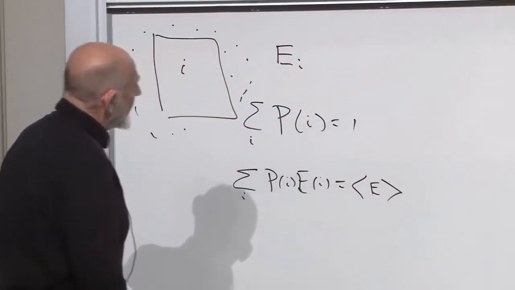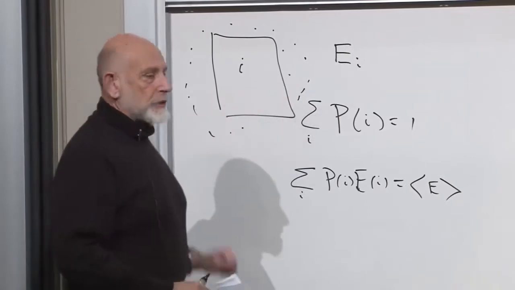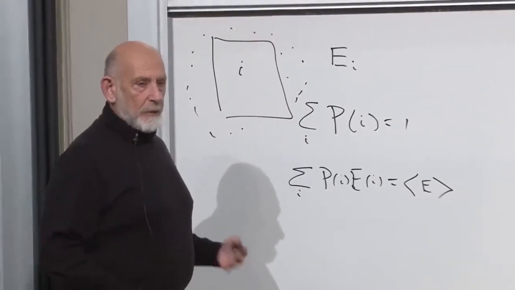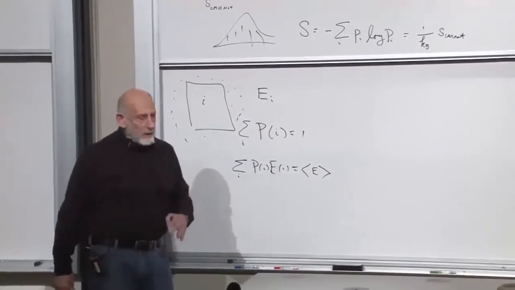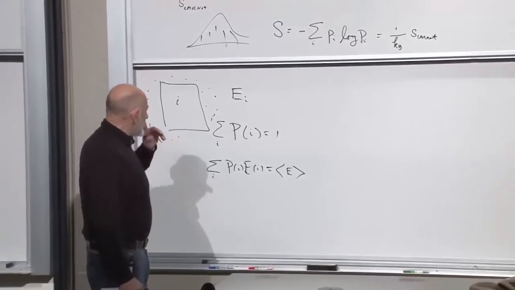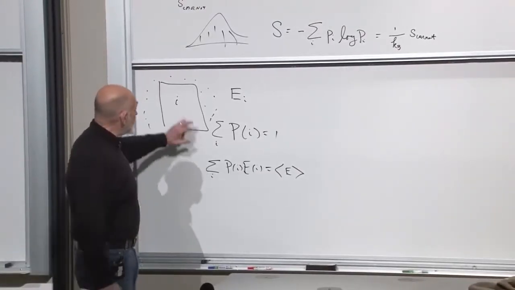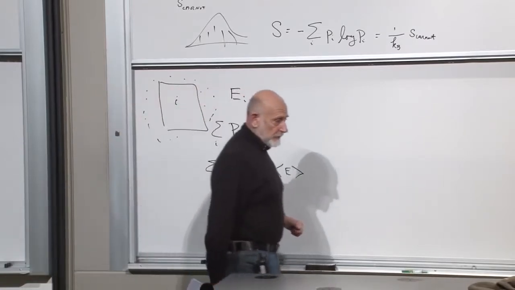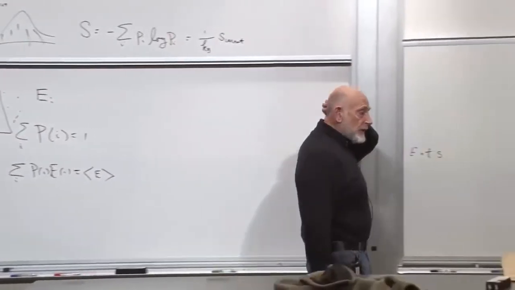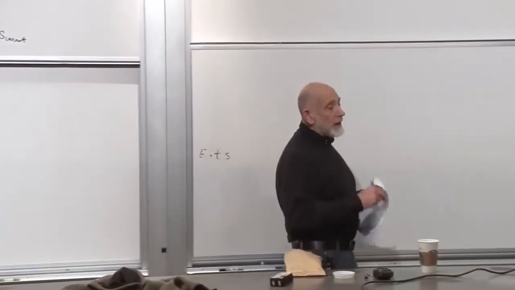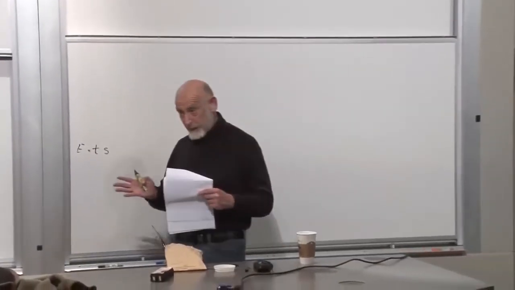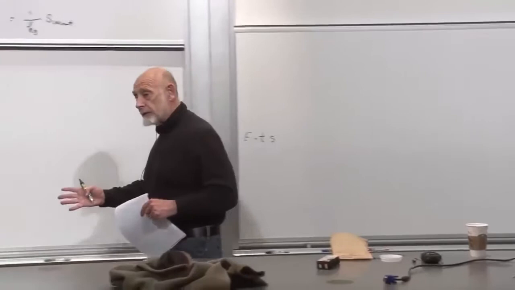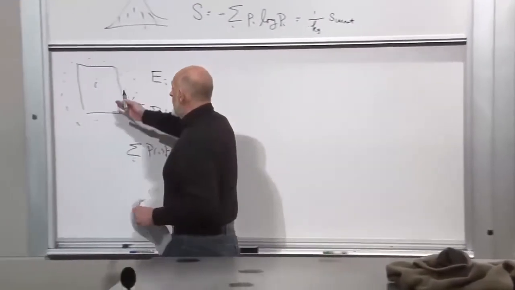Now, what is the probability distribution P of I? What does it depend on? Well, mostly what it depends on is the average energy in the system. Now, the average energy may depend on the nature of the environment. If the environment is very hot, the average energy in here may be high.